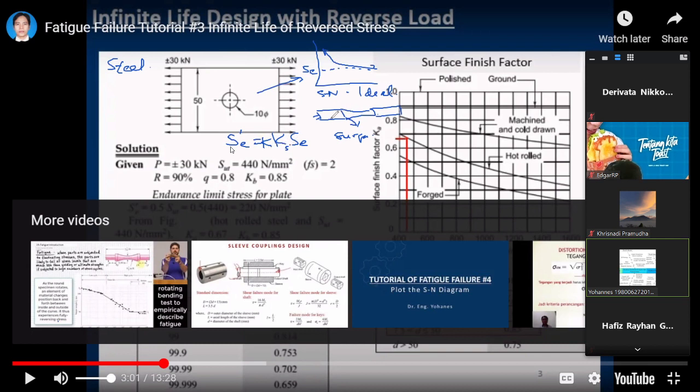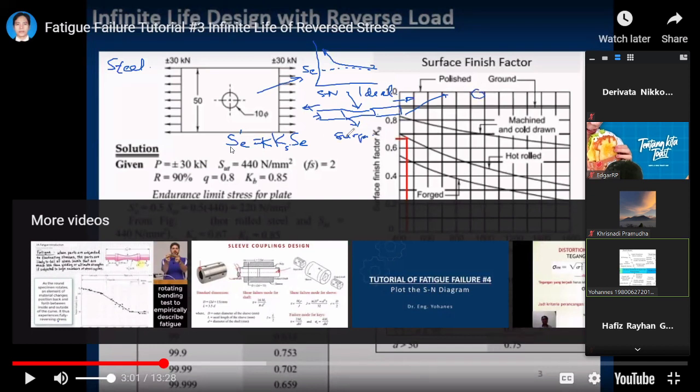Not only surface finish and the shape and size of the specimen, there are many other factors applied. The type of loading, for example, because in the laboratory maybe it tested using axial or bending, but in practice it can be torsional.